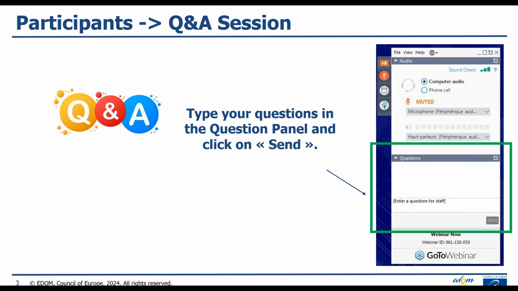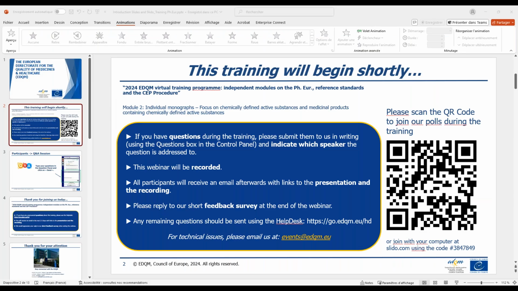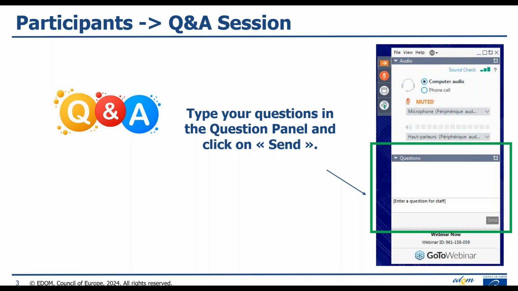Another question: if the monograph specifies only an anhydrous basis, can we calculate the assay on a solvent-free basis? Yes, you have to. The individual monograph only gives information about the anhydrous basis or dried basis, but you always have to take into account the residual solvents and take this for the calculation.